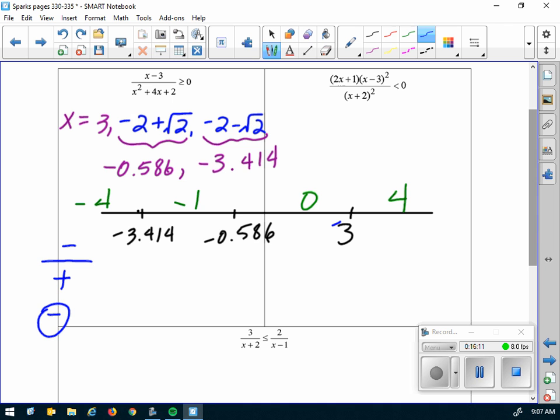If x is negative 1, negative 1 minus 3, that's negative. And negative 1 squared is 1, 4 times negative 1 is negative 4, plus 2, that's negative 1, I think, so it's negative. A negative divided by a negative is a positive.